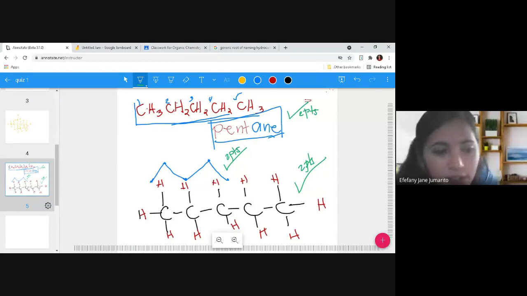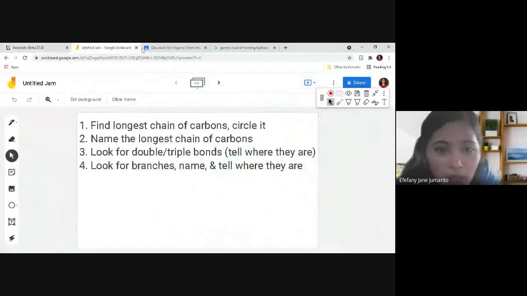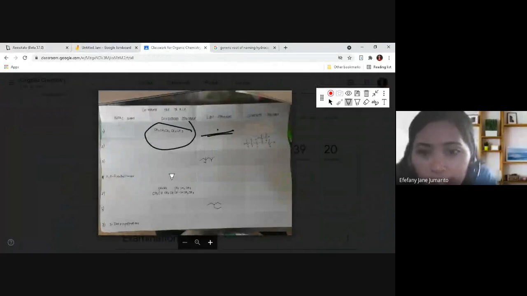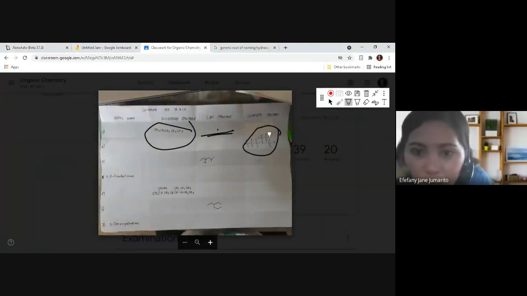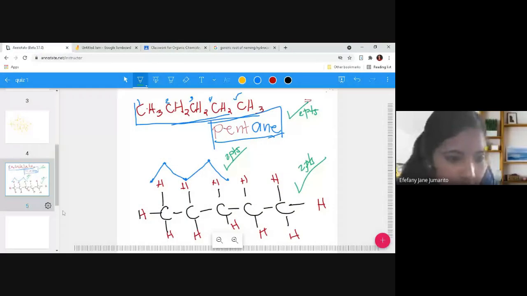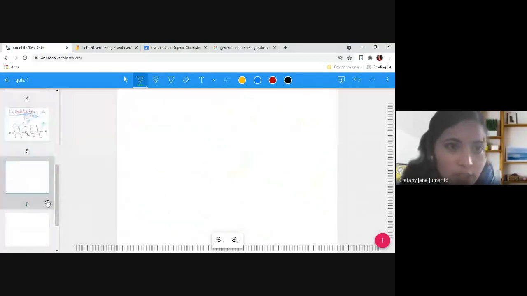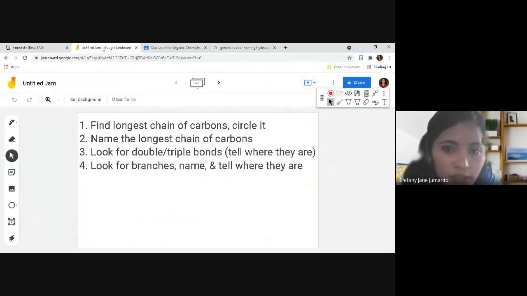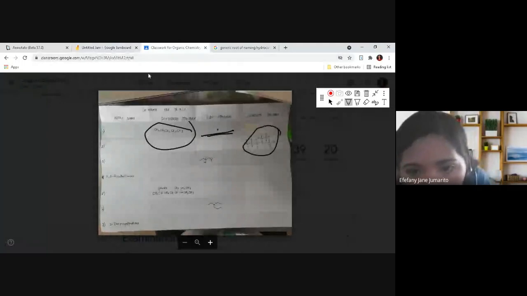Then we have number 2, class. You can ask questions if you understood. Okay, in this one, class, in number 2 we are given the complete structure. So let's answer that one. We have how many carbons? 1, 2, 3, 4, 5.